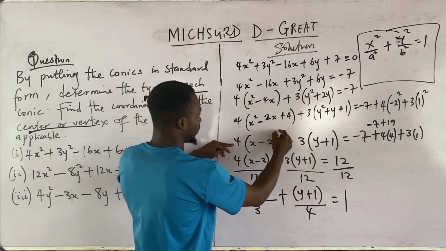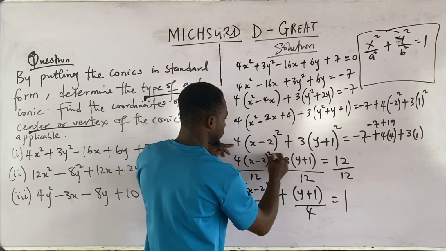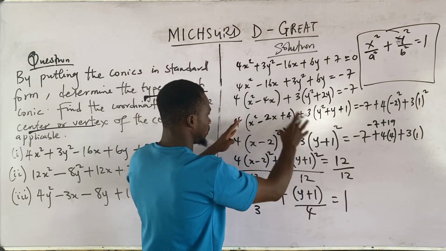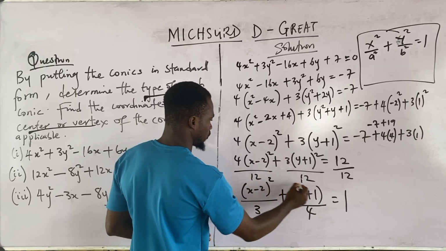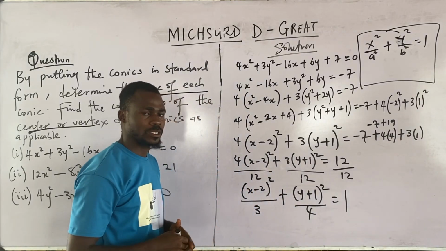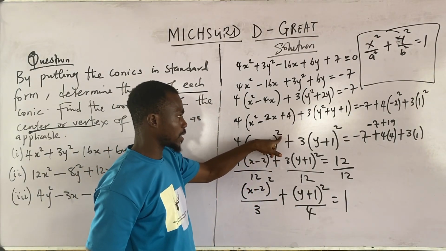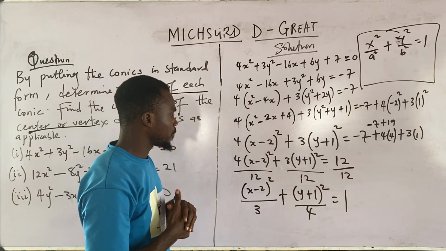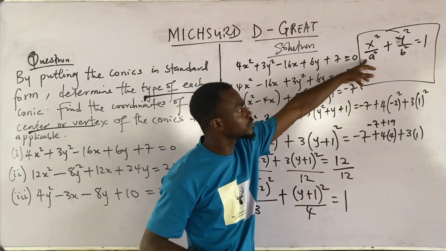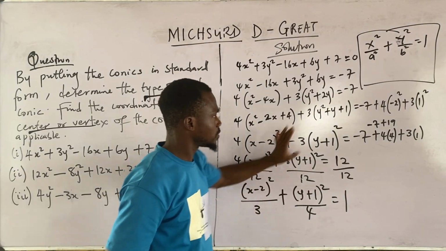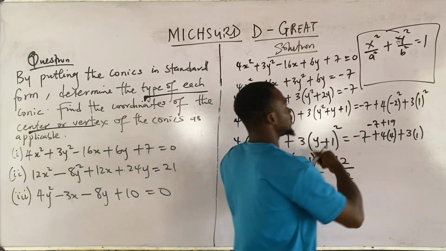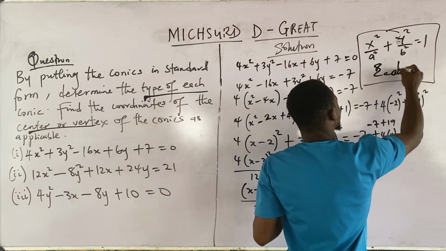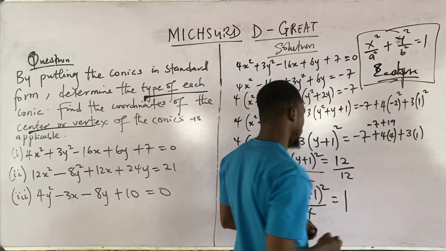When we have to put the square here, please, after the factorization, we have squared and squared, so that when you multiply this back, you'll get this equation. Now you can see when you compare these two, you have this equal to this. So this is the ellipse. So we have the ellipse.